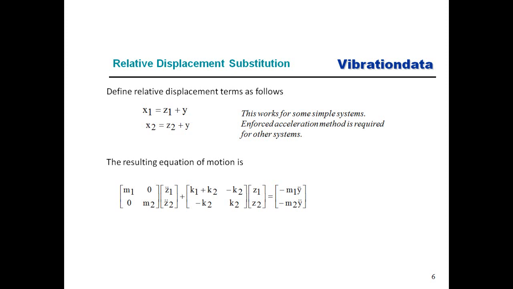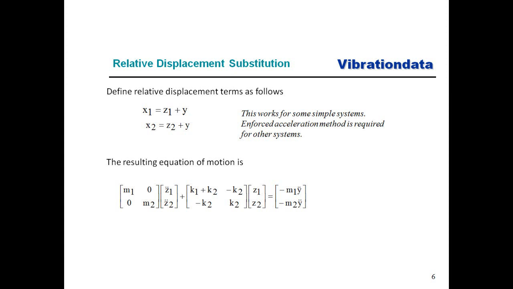I do want to mention that if we had a complex system, maybe with up to 6 degrees of freedom per node, or a situation where there were multiple base inputs, then this technique would start to break down. But today it's going to work for us.